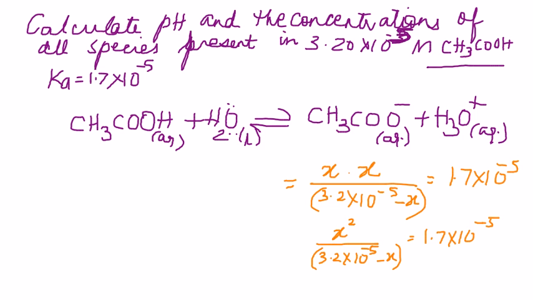And so now we are going to apply our 5% approximation. There are various ways to say the same thing. What we are basically doing is looking at the concentration that we have been given, dividing that by the value of Ka for that acid, and seeing what that number comes out to be.